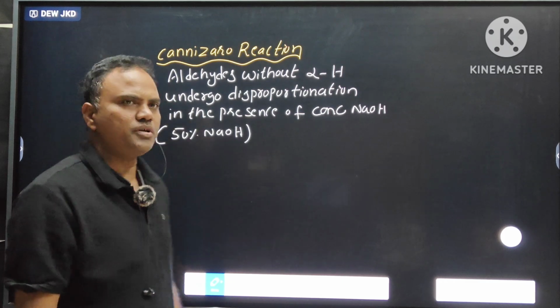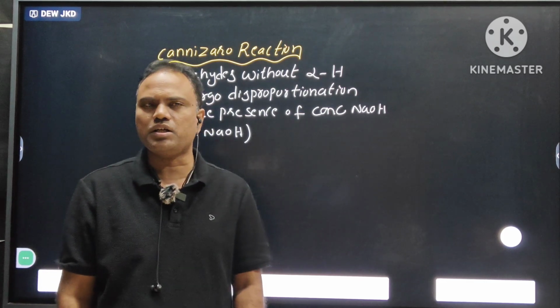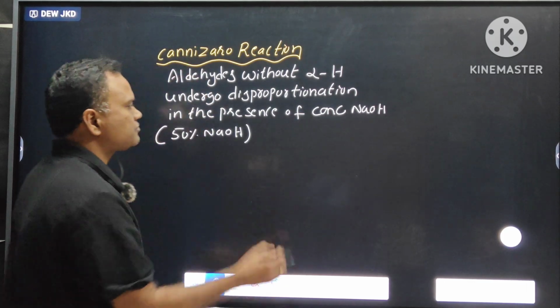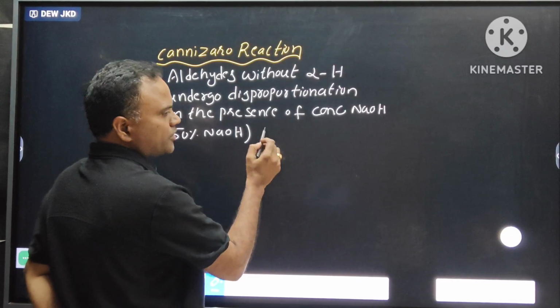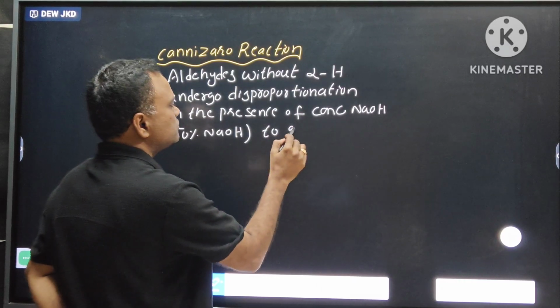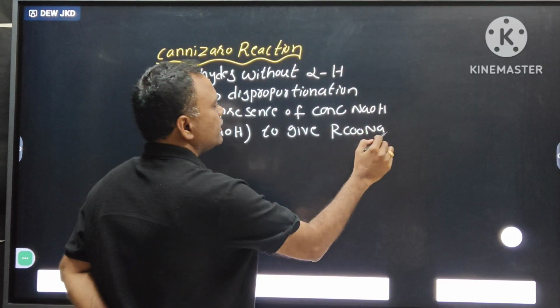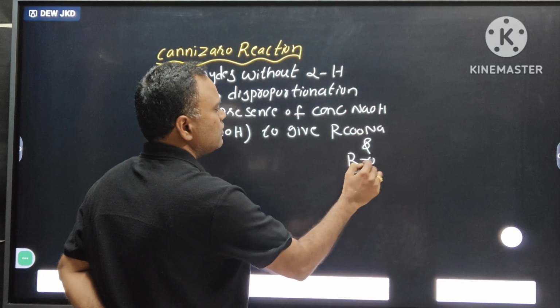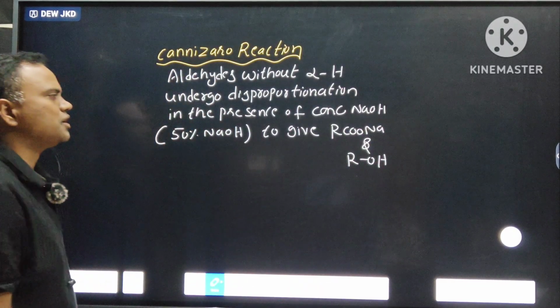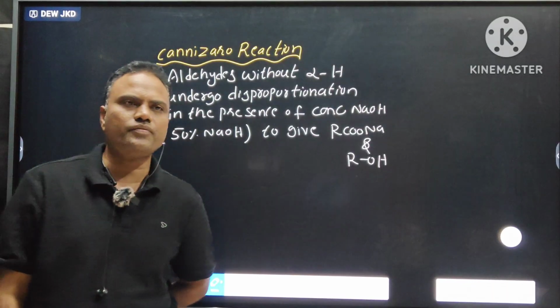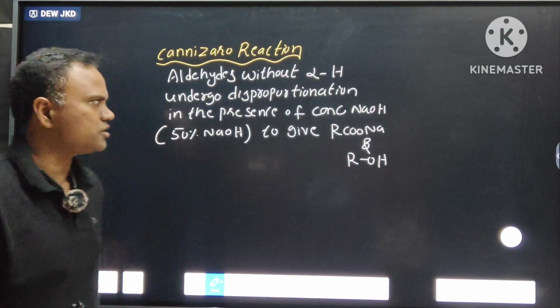Don't consider 50% as dilute, consider 50% as concentrated. In the presence of NaOH to give carboxylic acid in the form of salt and alcohol. So alcohol and carboxylic acids are the final products of Cannizzaro reaction.